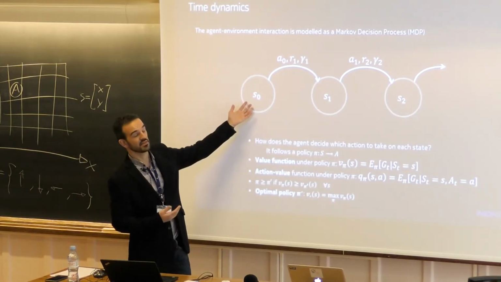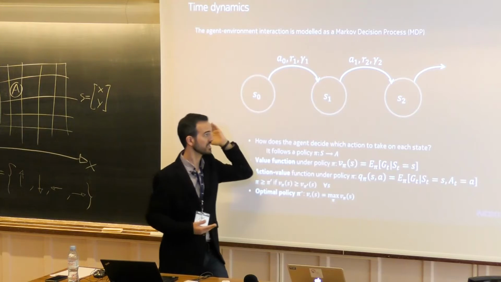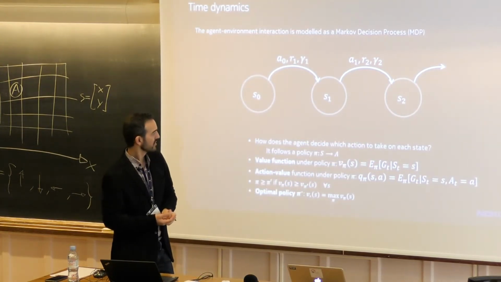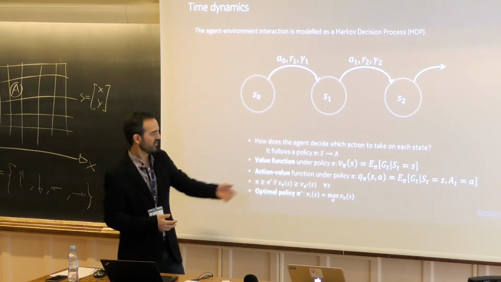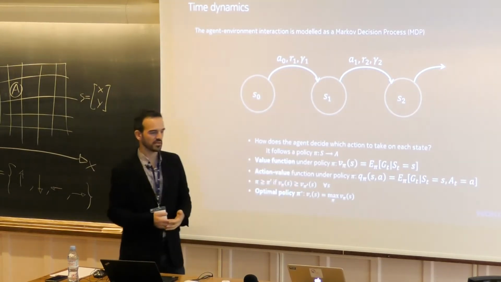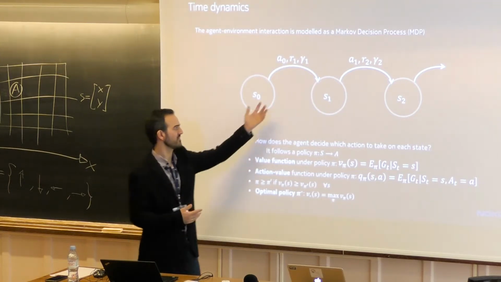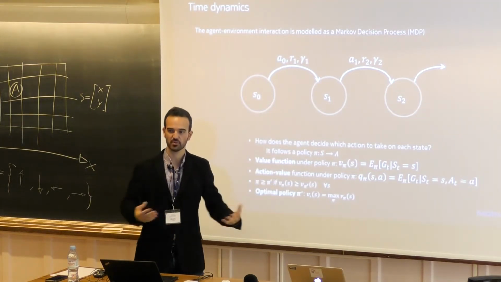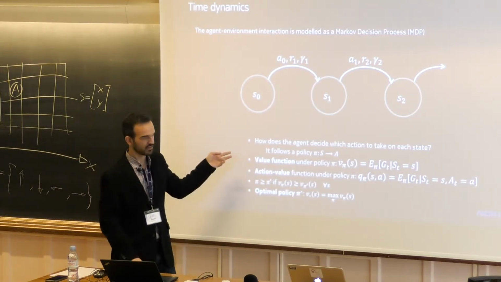Okay, so maybe it turns out that this state has a very low immediate reward, but it gives you a very high long-term value. So the objective of the agent, what the agent should do, is to find a good policy, and a good policy is one that lands the agent in a state that has a very high value. It doesn't really matter if the immediate reward is very low. What matters is that long-term it gets as much reward as possible. And this is what's captured by this value definition.